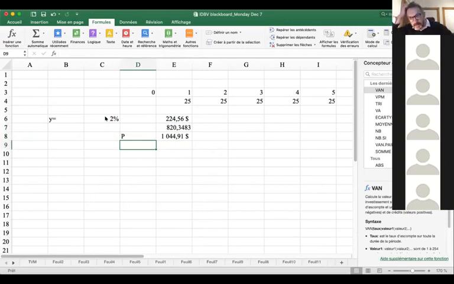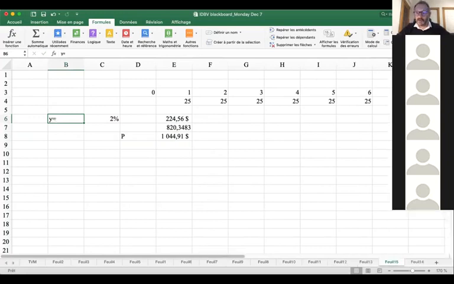Actually, sorry, I should have said that: for me, the 2% is already a semi-annual rate, so you can use it directly in the calculation. So y equal 2 is a semi-annual rate, and y equal 4 is also already a semi-annual rate. So you don't have to convert. Sorry, it was not clear. So that's correct. Here, I find the same thing.